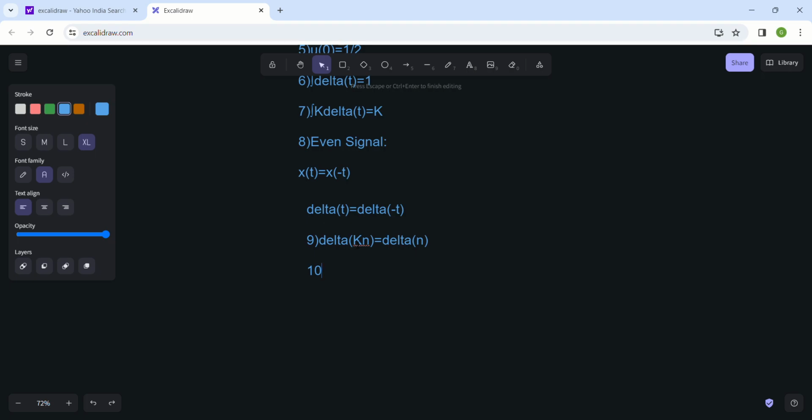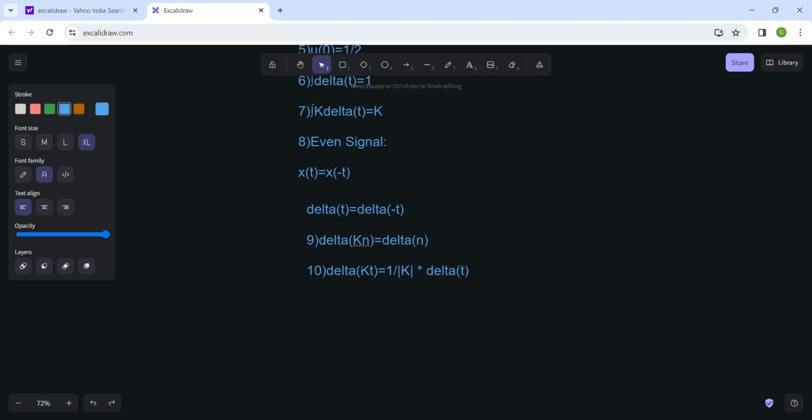Now I do time scaling in continuous form. That means delta of kt. Here it will be different: 1 by mod of k into delta of t.